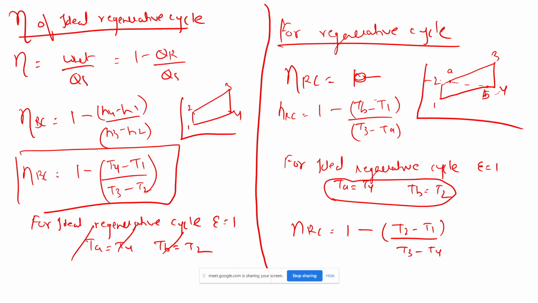Yes, sir. Can we write this like this? From here we can take out T1, so it will become T2 upon T1 minus 1. And from here we can take out T3, and 1 minus T4 upon T3.